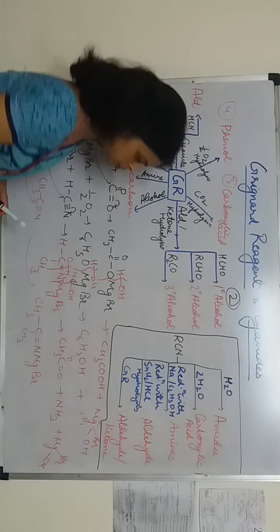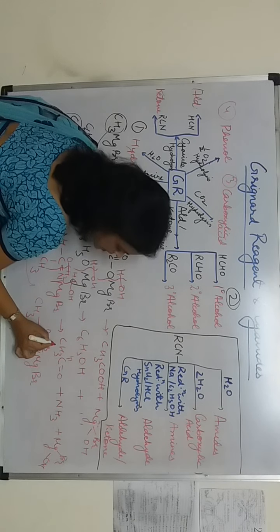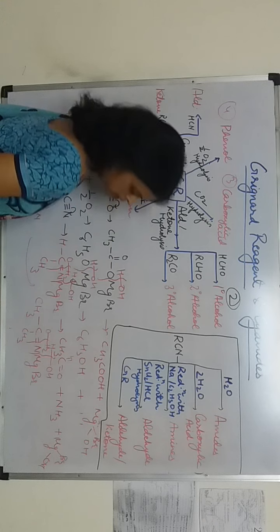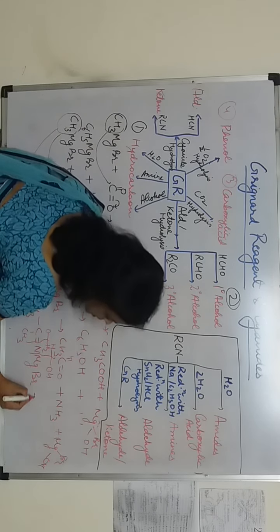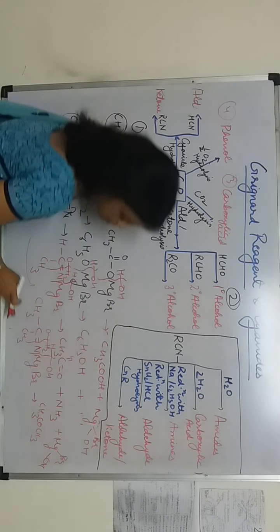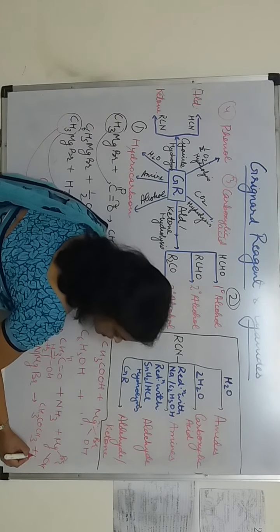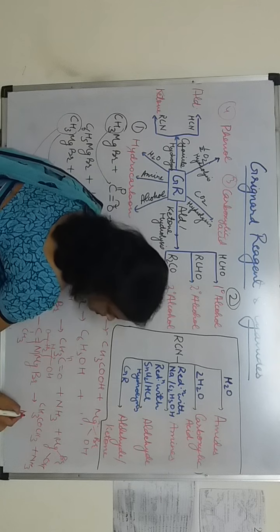Two water molecules we have to add, OH2 and another HOH. We get CH3COCH3, that is the ketone, along with NH2 and one more H, so this is NH3, along with MgBrOH.